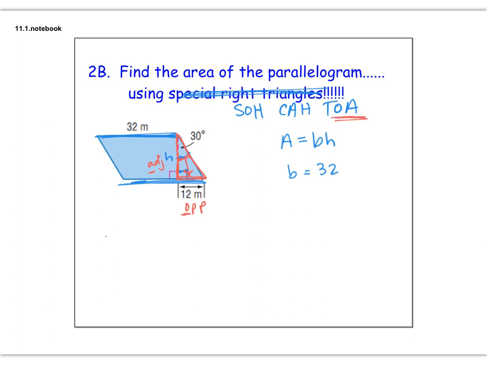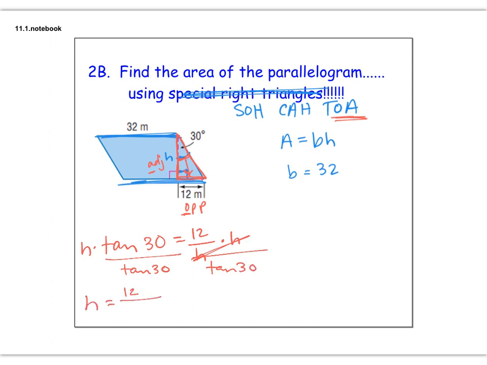So we're going to go tangent of 30 equals opposite over adjacent, 12 over H. Multiply both sides by H, whatever's on the bottom of that fraction, right? And then divide both sides by tangent 30. So we have the height is 12 divided by tangent 30, which in this case should come out to be about 20.78 for your height.